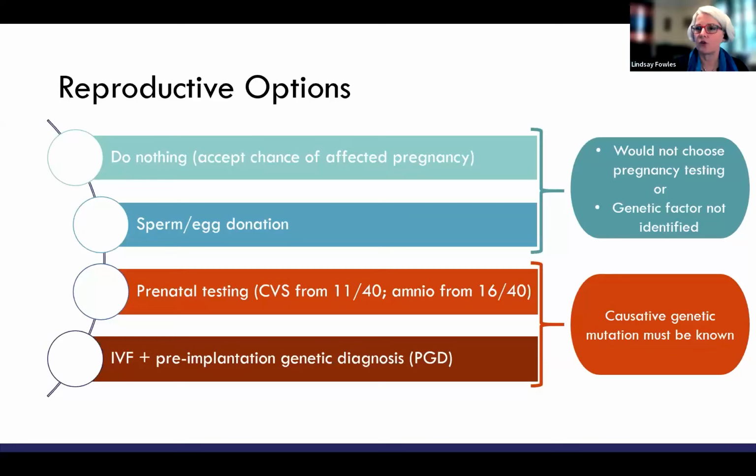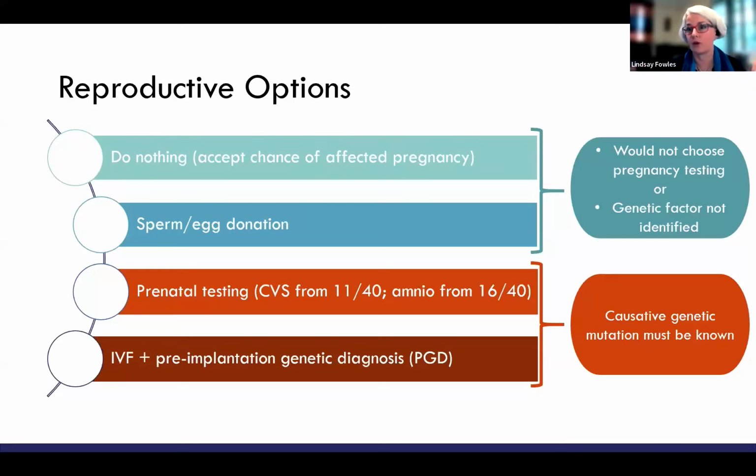For others, they make the choice to go through IVF, and that's where the pregnancy is achieved using, you know, the test tube and a baby in a test tube type techniques. So this is especially when a couple has fertility problems and they're already having to go through IVF.